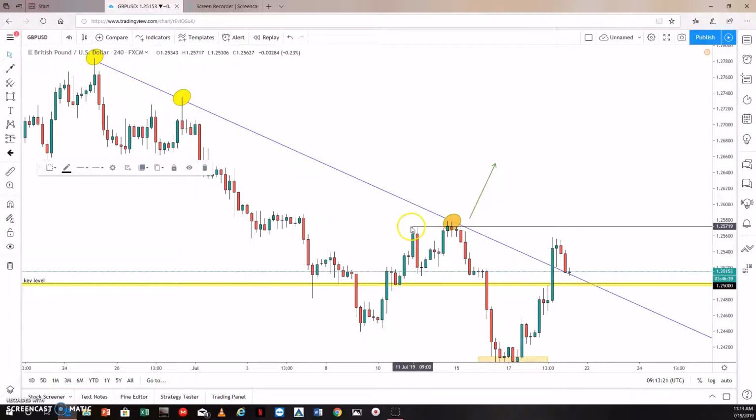If you look at this area here, there's 1, 2, 3, 4, 5, 6, 7. So seven 4-hour candles in one area. It's basically telling you that there's a lot of price being resisted in this area. And the interesting thing is that when you look at this area of resistance, you don't see any candle close above it.